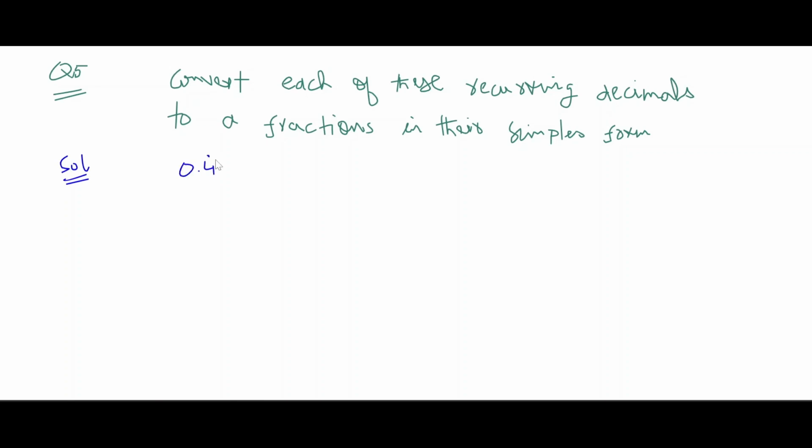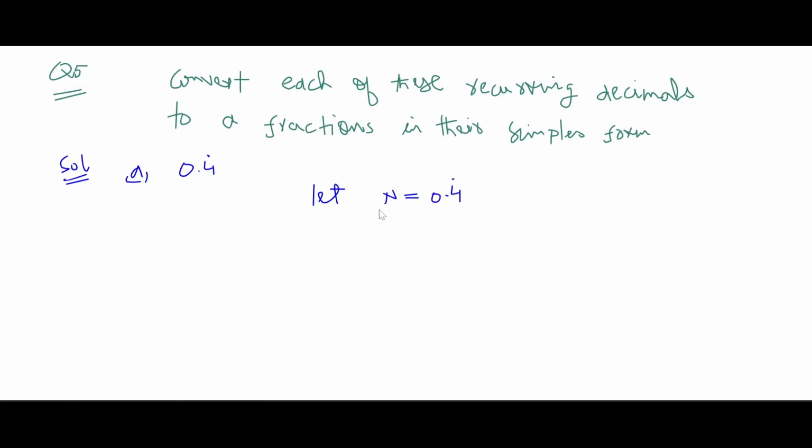This is part A. Let n equal 0.4, and the dot should be there. Here n is a number, either a decimal number 0.4 recurring or a fraction.